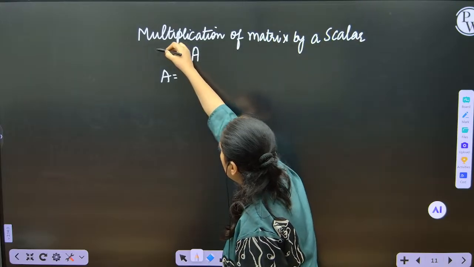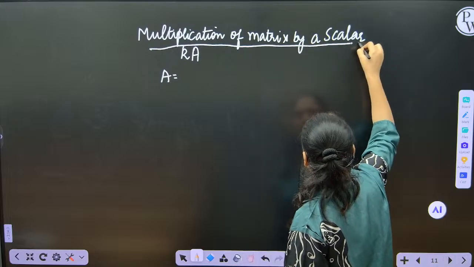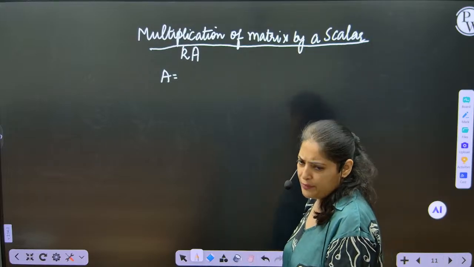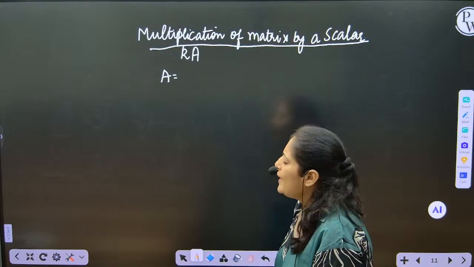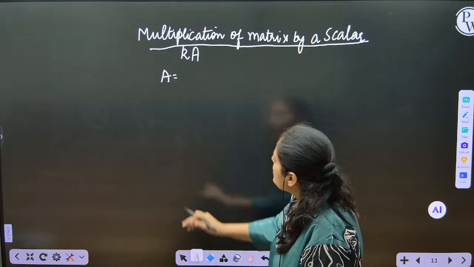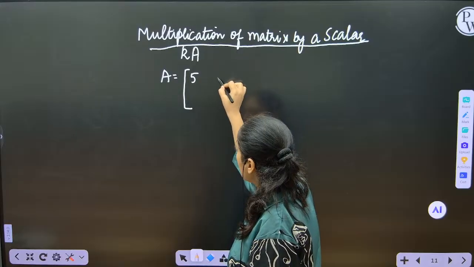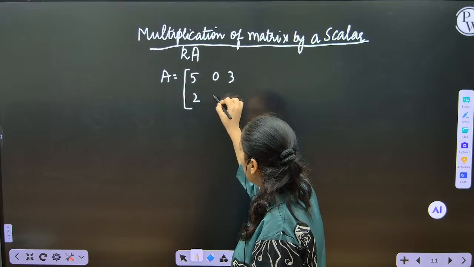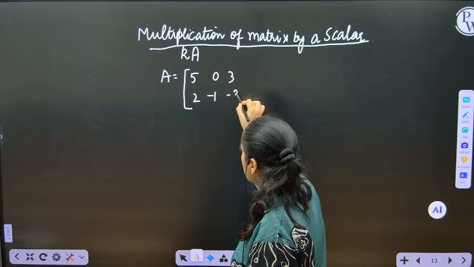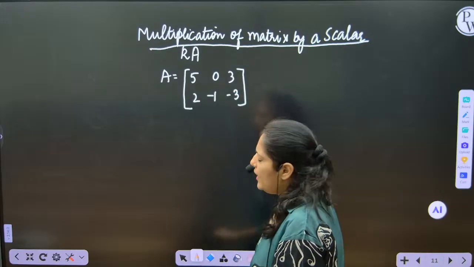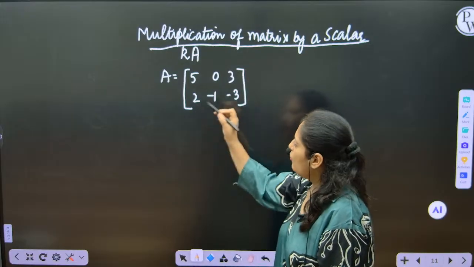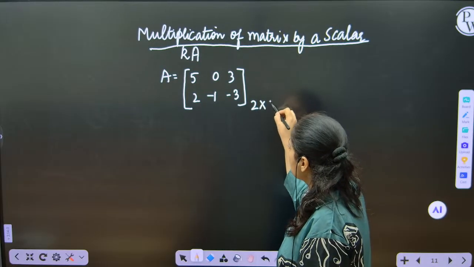Scalar means any constant number only. Any number. Okay. Anything. So suppose A matrix is 5, 0, 3, 2, minus 1, minus 2. Any matrix is like this. What is the order? 2 rows, 3 columns.